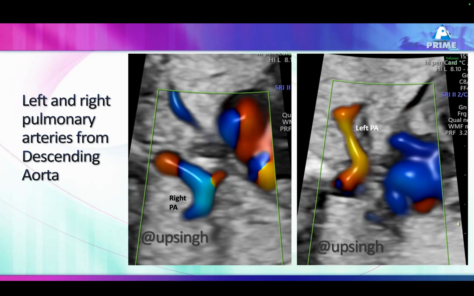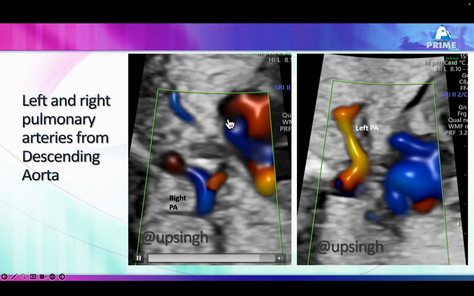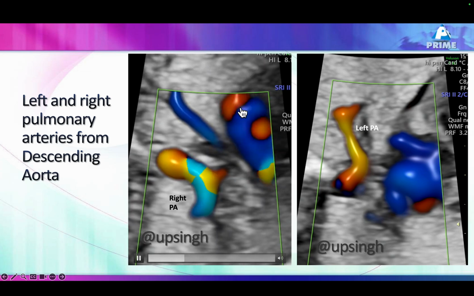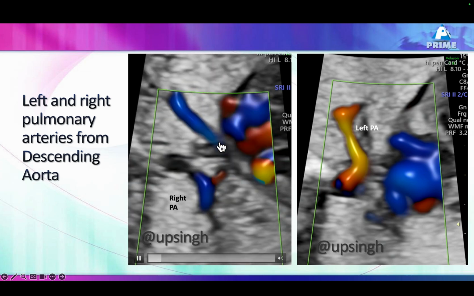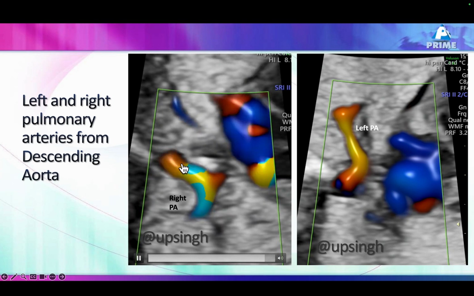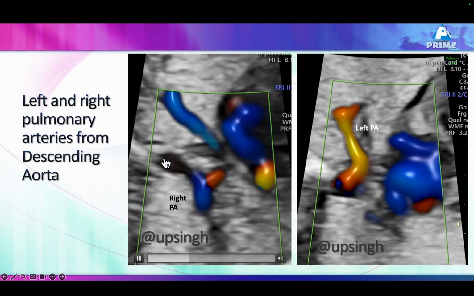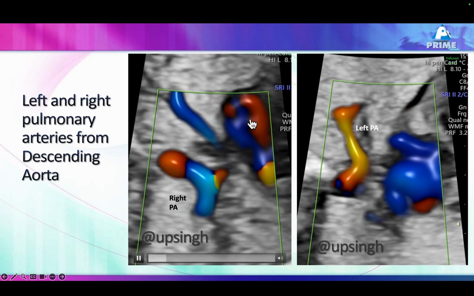Now look at this. This is the descending aorta. For the landmark, this is the left atrium. This is the pulmonary vein which we saw, the left pulmonary vein. This is the descending aorta, and you see the right pulmonary artery coming from the descending aorta at a four chamber view.